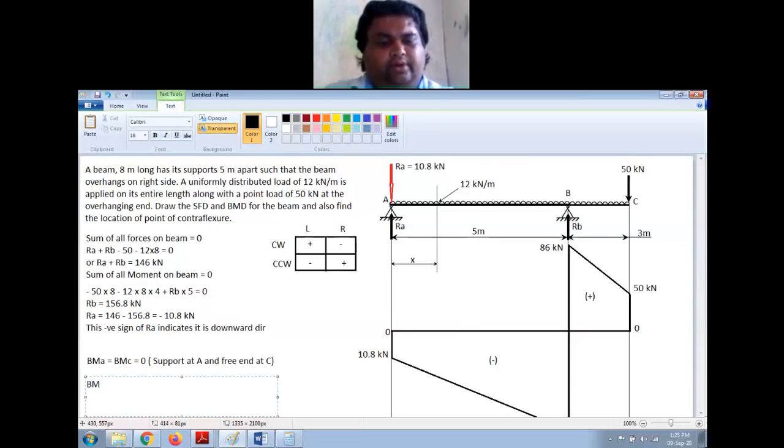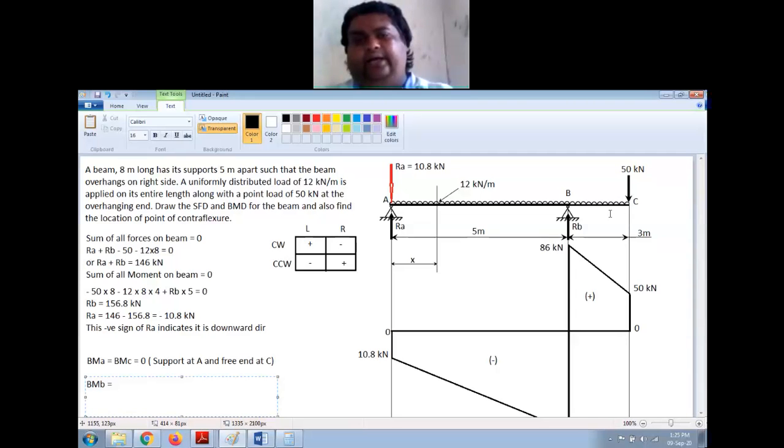BM at B. Now BM at B, you can calculate using left side or right side. So I'm taking right side because it is small force here.